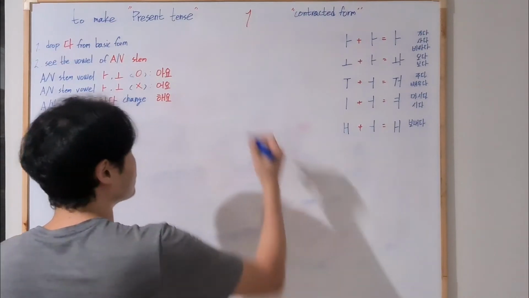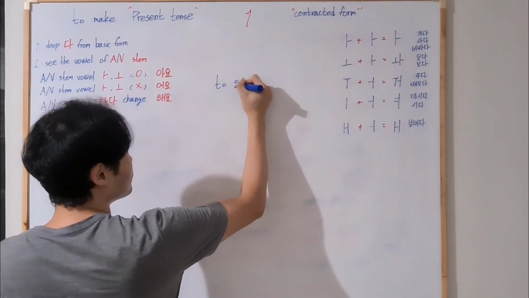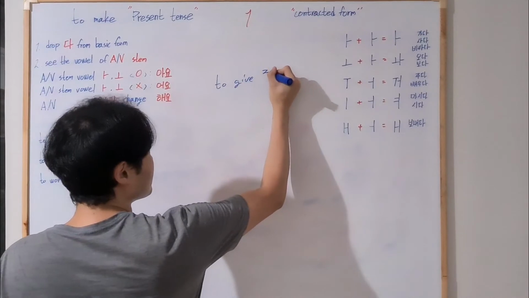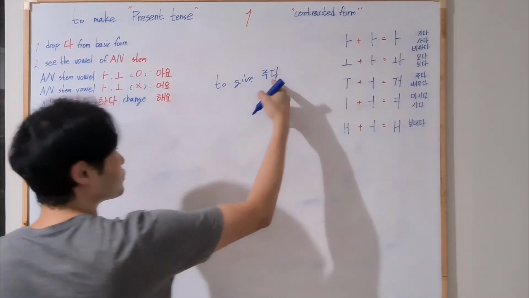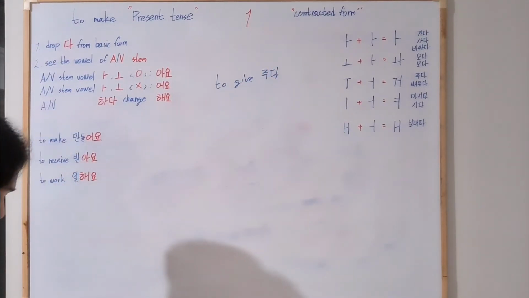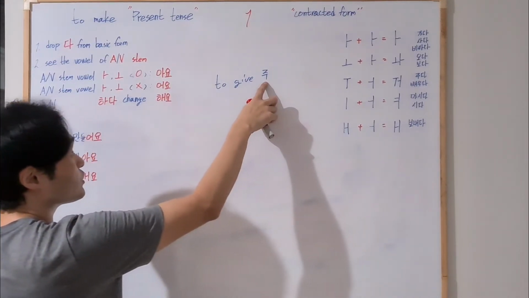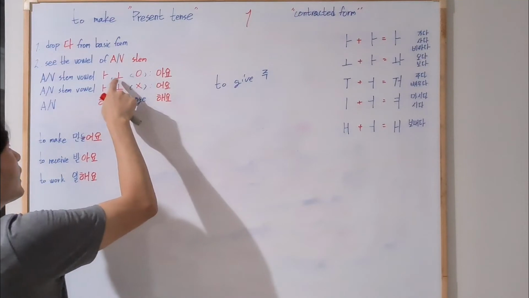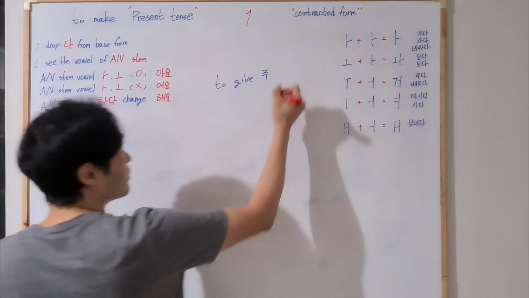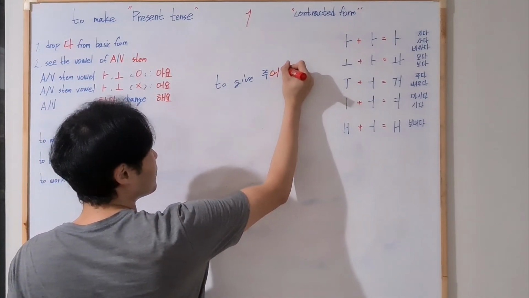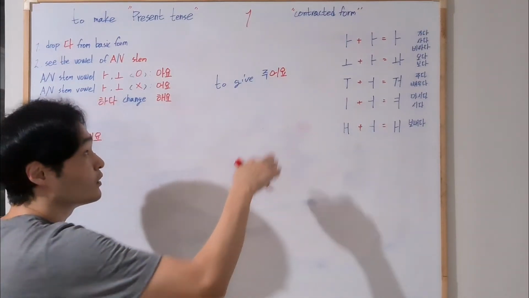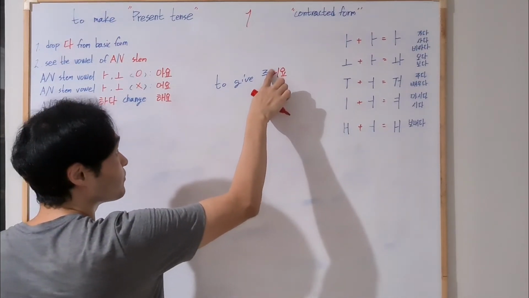So 주다, to give. Drop the 다 from the basic form. The vowel is 우. It's not 아 or 오, so we have to add 어요. The 이응 has no sound.